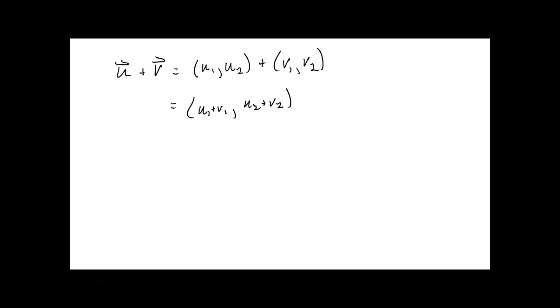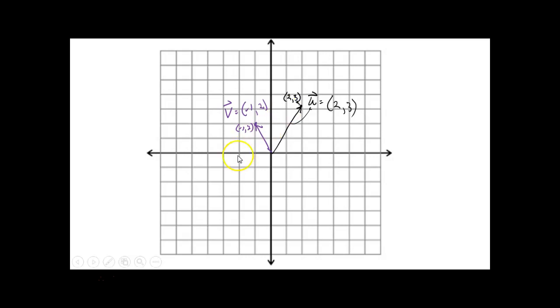Now, if you were doing it graphically, let's just take the two that we have here. They show different ones in the book, but let's take these two. What if we were adding those two together? Here is 2, 3, and there is negative 1, 2.